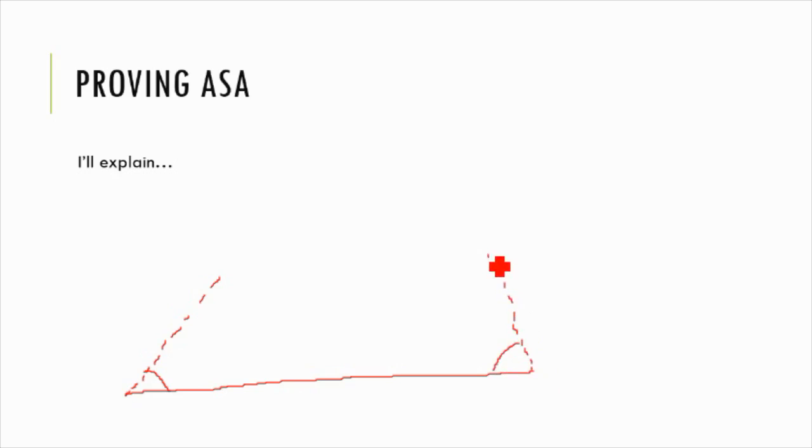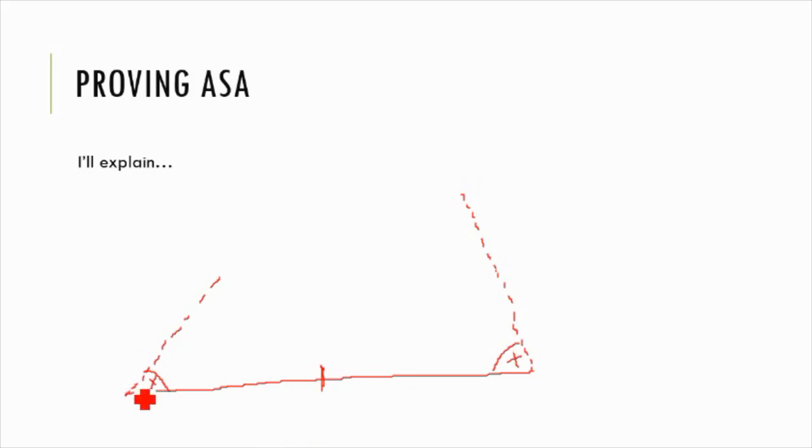So this angle here on the right and this angle here on the left, they have to be that size angle, and they are a specific defined distance between these two angles.